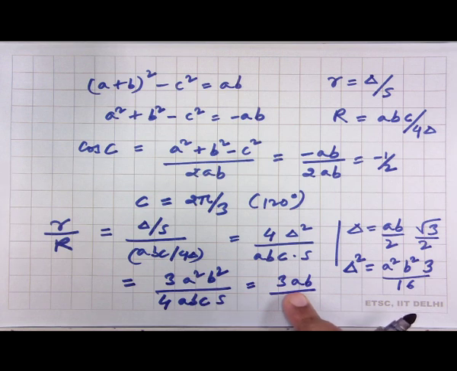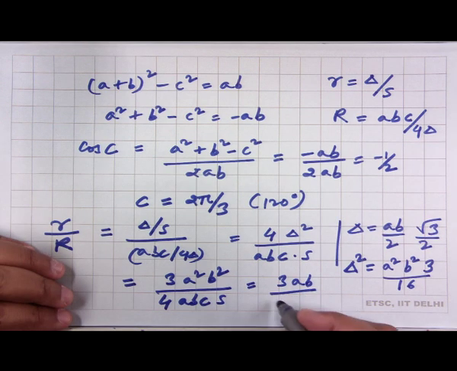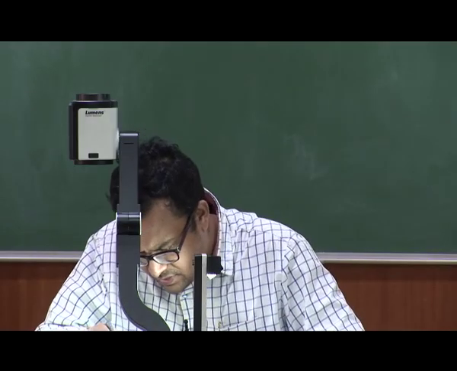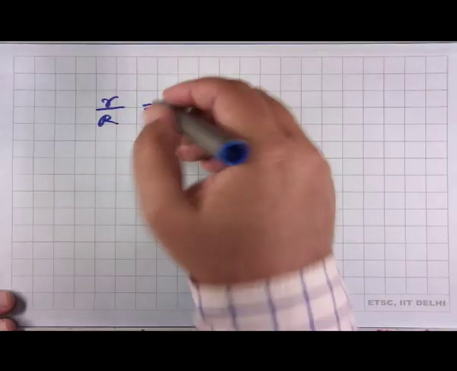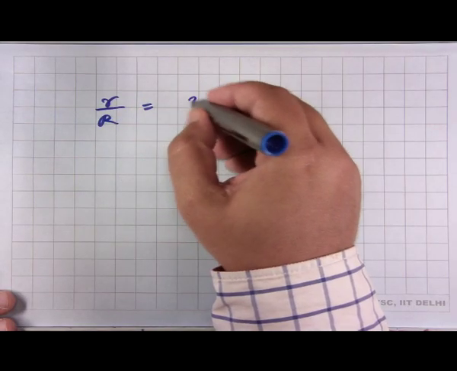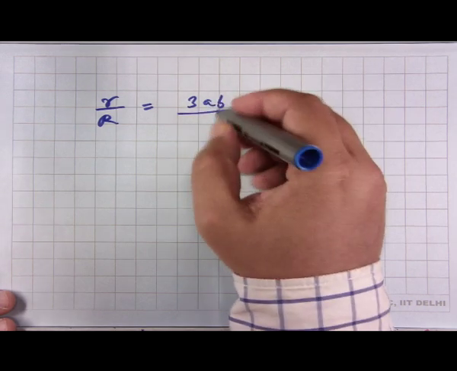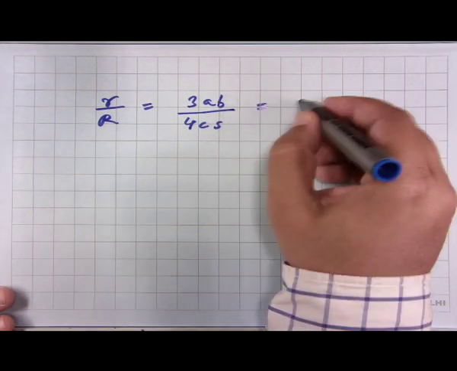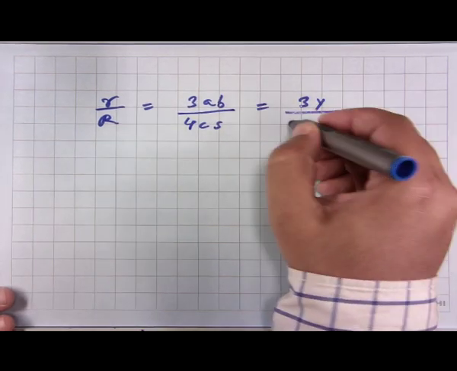So we have been successful in getting y in the numerator, divided by 4 times C times S, which is 3y upon 4c.